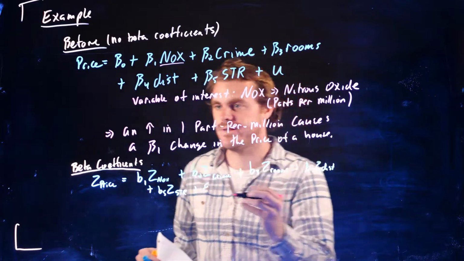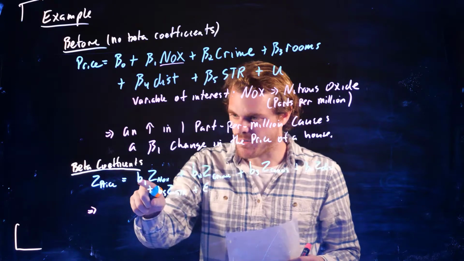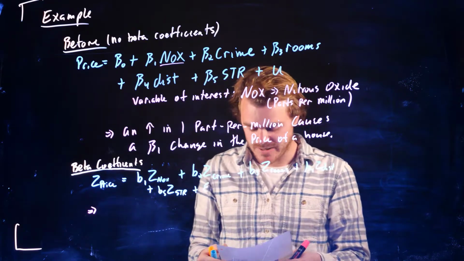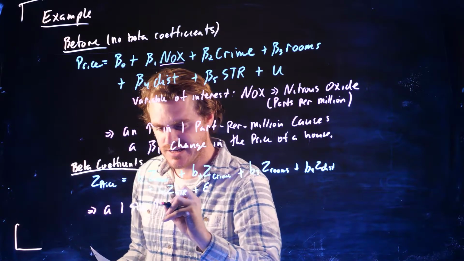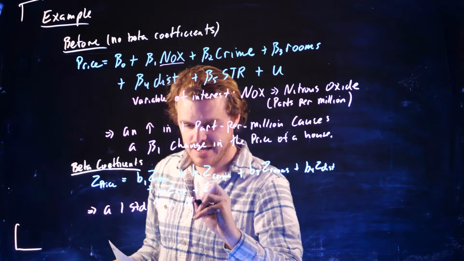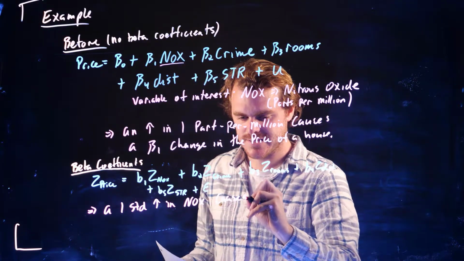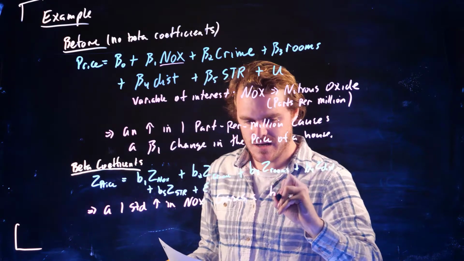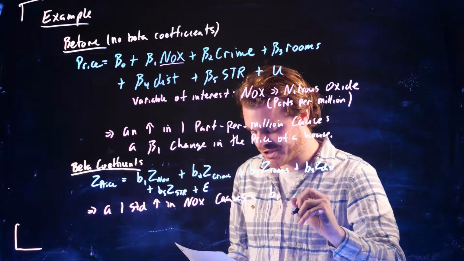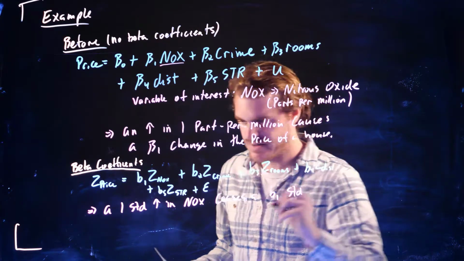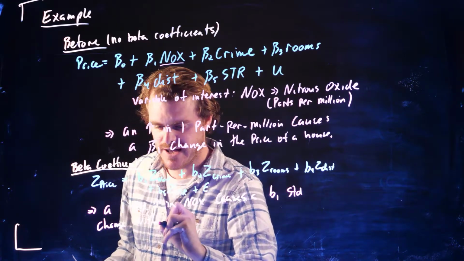So now the interpretation of this coefficient or this parameter on nitrous oxide would be a 1 standard deviation increase in nitrous oxide in the atmosphere causes a B1 standard deviation change in the price of a house.